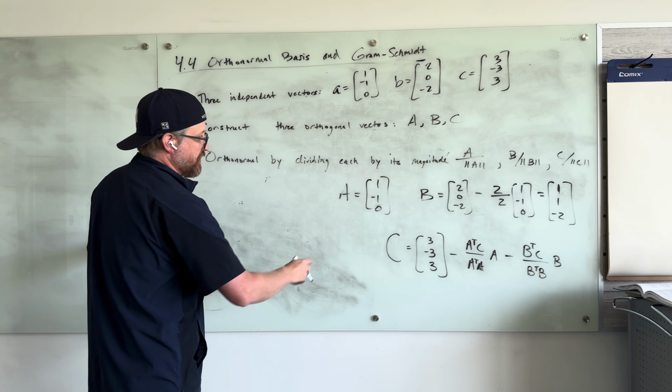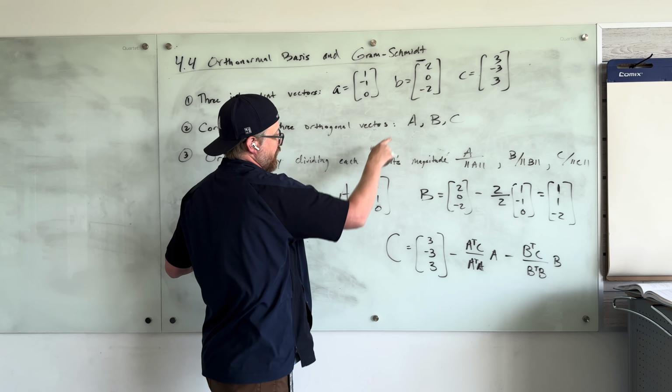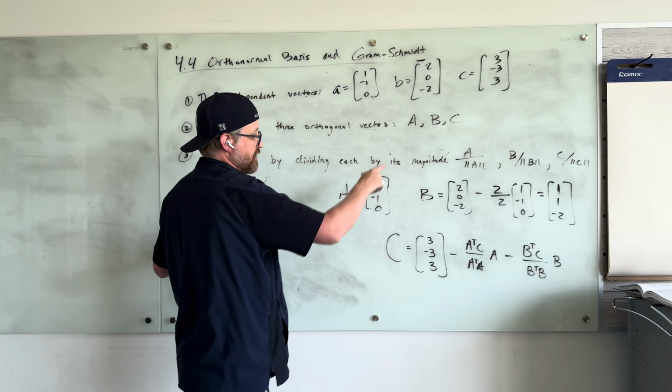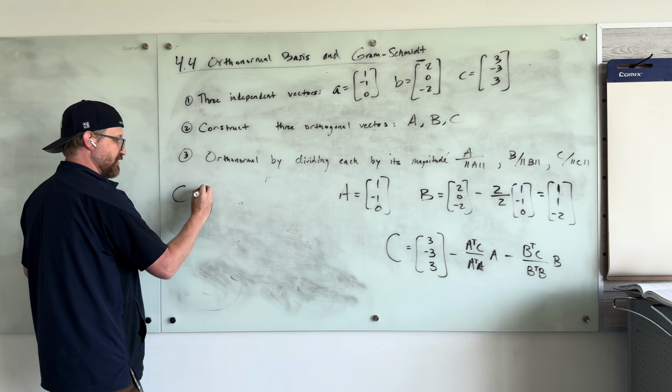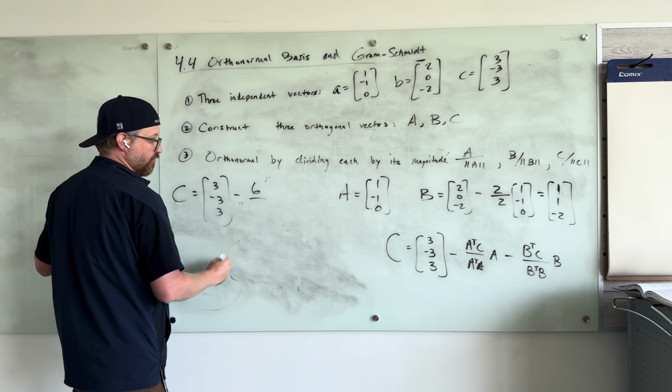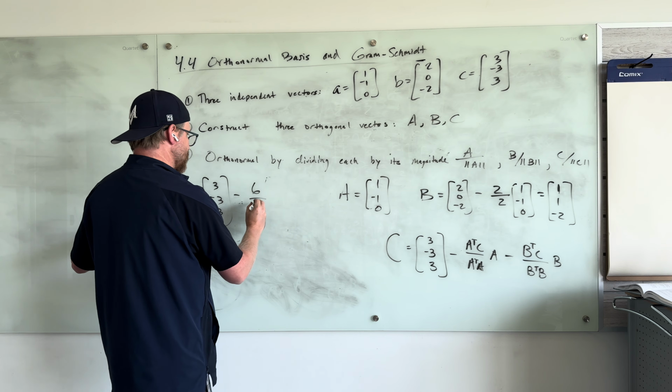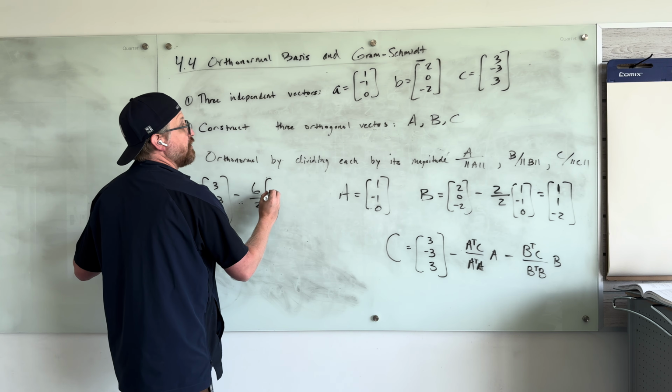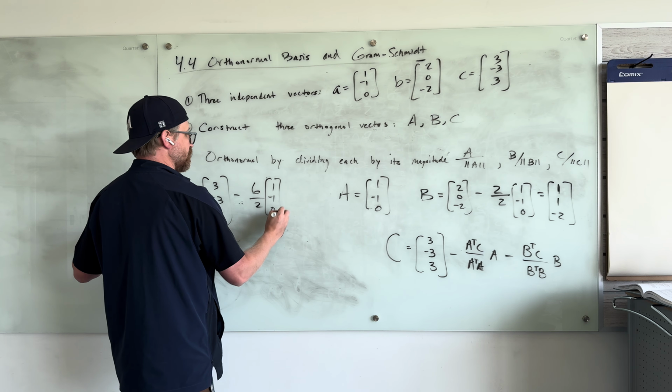A transpose C gives me 3 plus 3, so that gives me 6. So I've got C is 3, negative 3, 3, minus 6 over A transpose A again, which is 2, so we know that one already, times A, so 1, negative 1, 0.